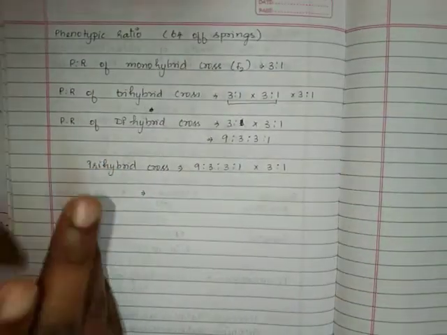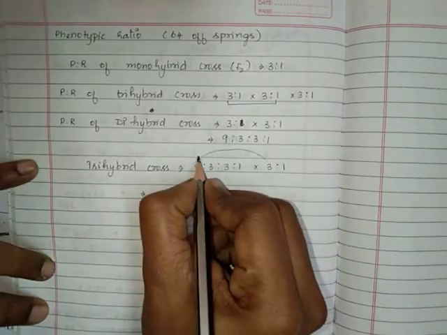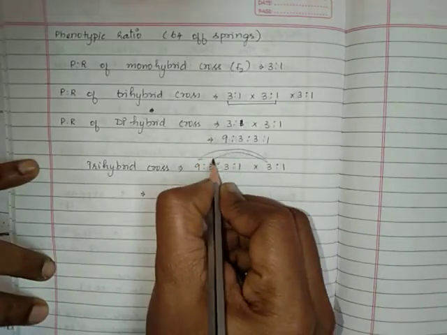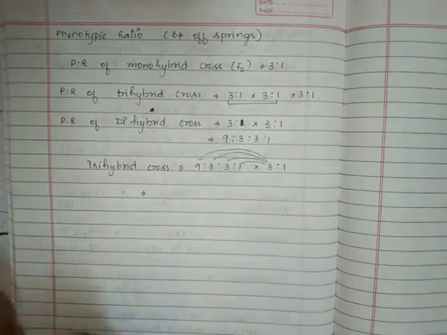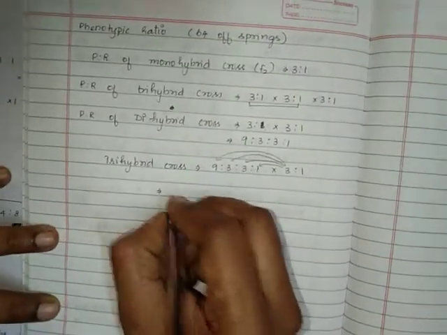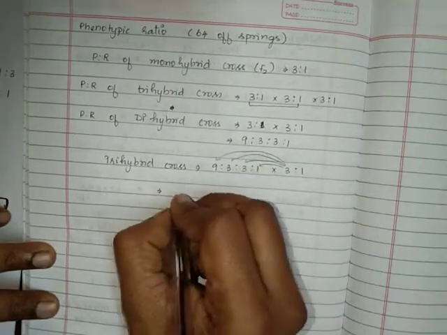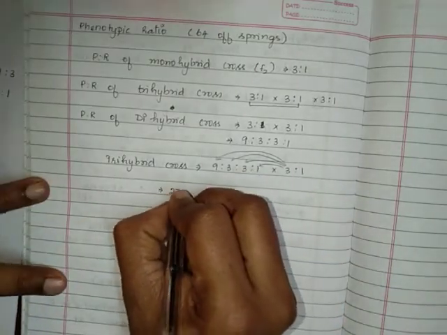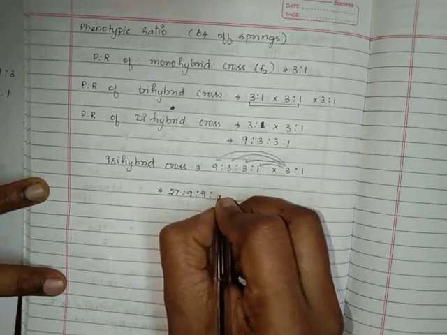For this, we first have to multiply 3 separately to all these. So when you multiply like this, you are going to get 9 into 3, so it is going to be 27:9:9:3.